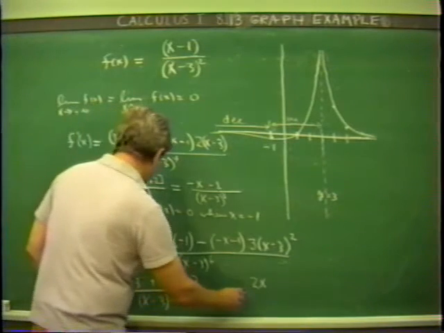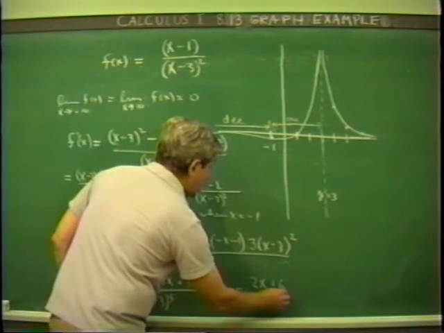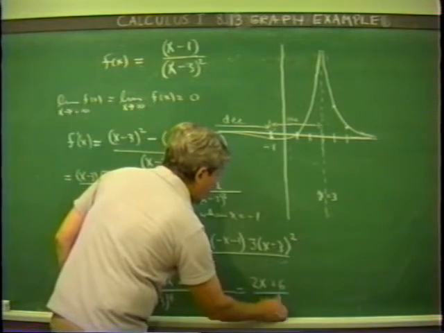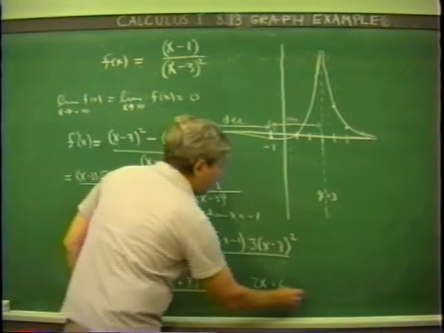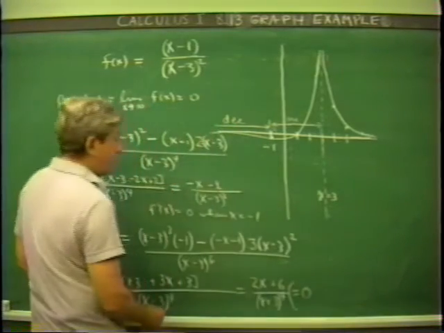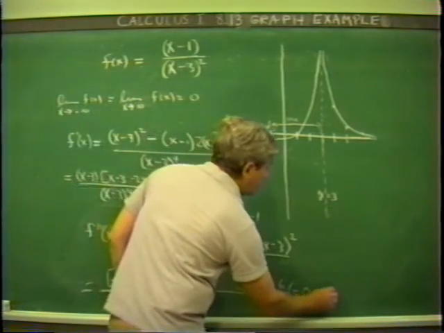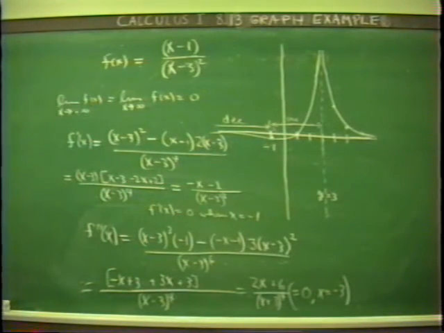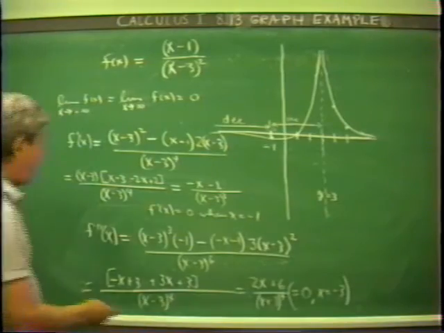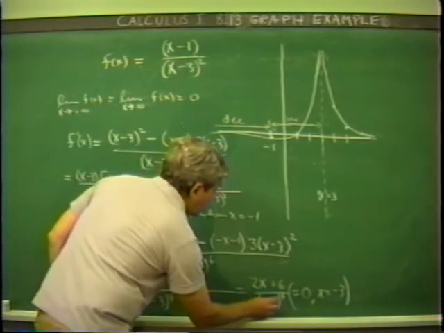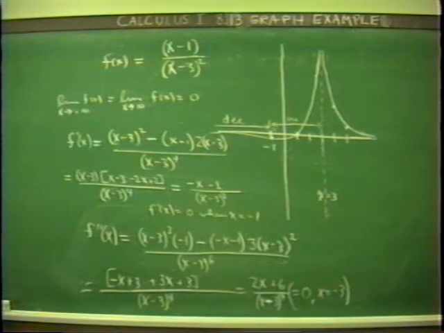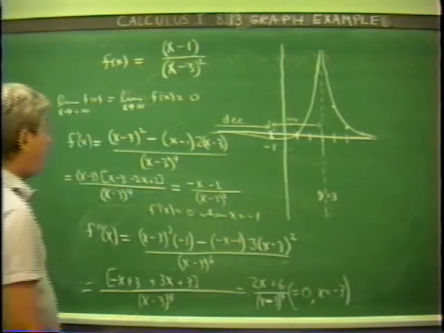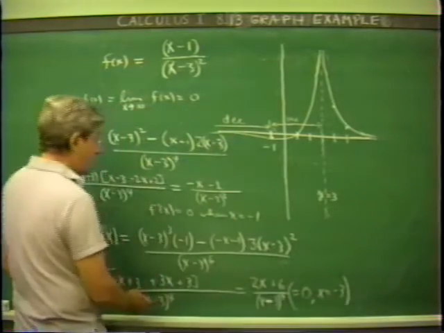So this is equal to 3x minus x is 2x, and plus 6, over x minus 3 to the 4th, which is equal to 0 when x is minus 3.